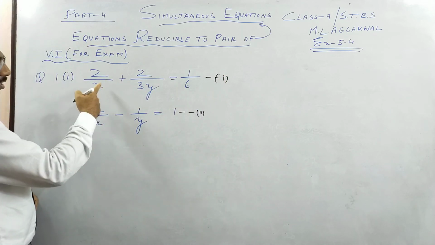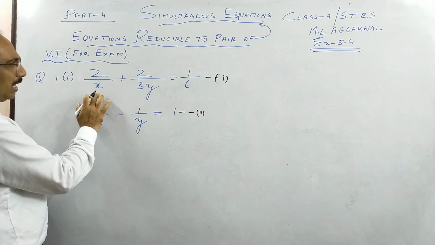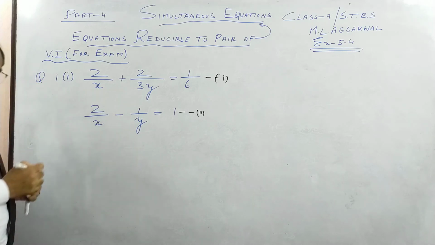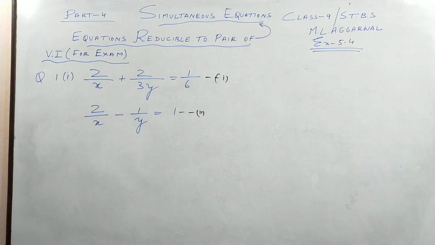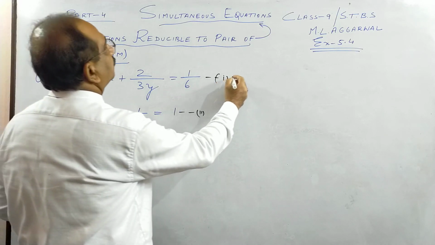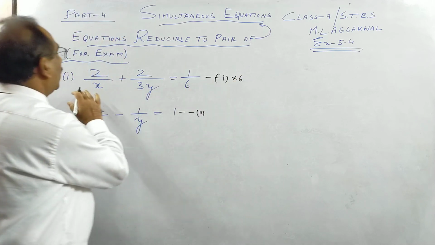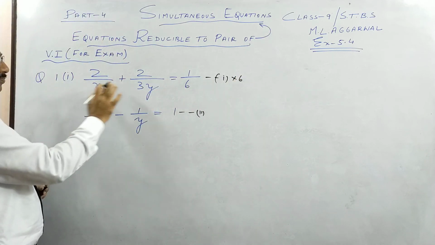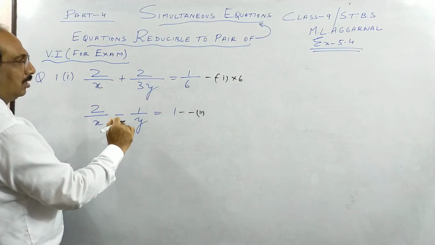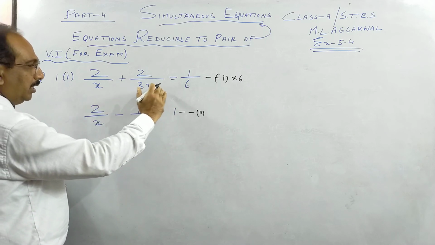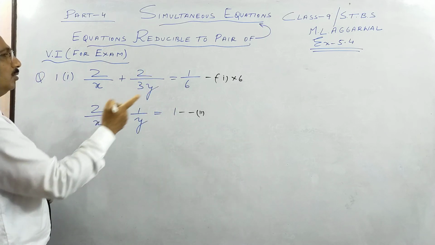If you see nicely, in equation 1, 2 by x plus 2 by 3y, if I multiply this equation by 6, the LCM, I can get rid of all the numbers in the denominator. Then I'll tell you the next step.